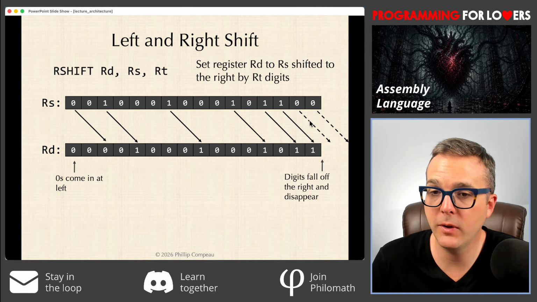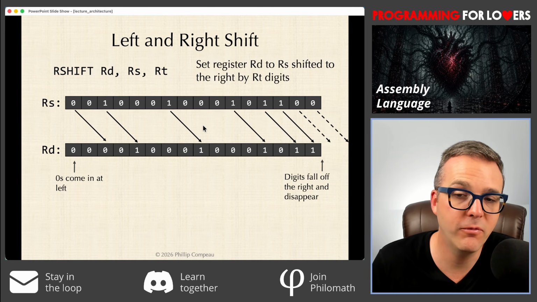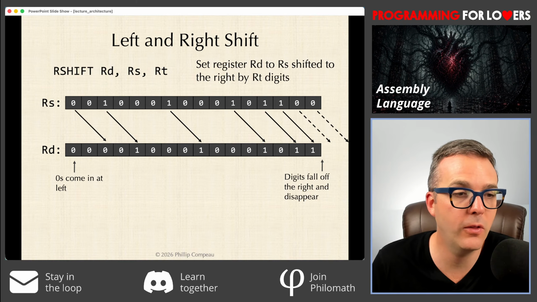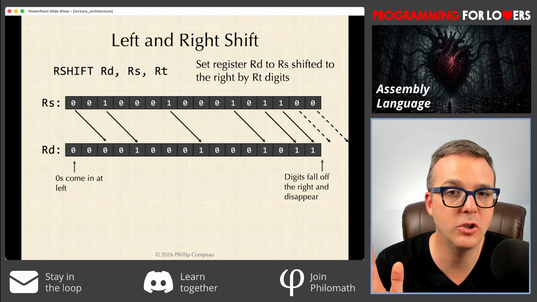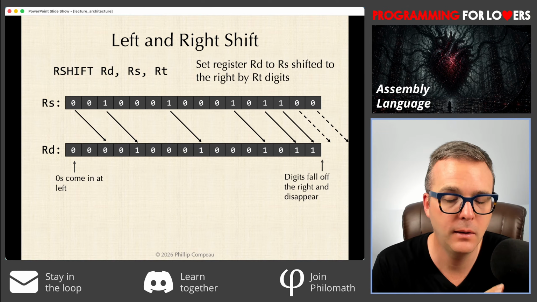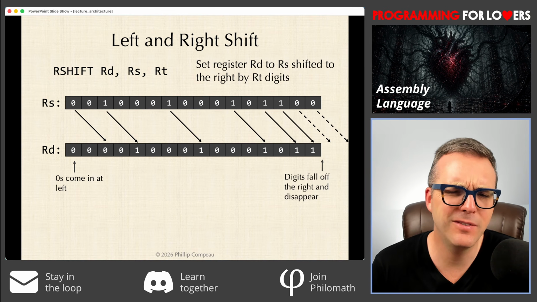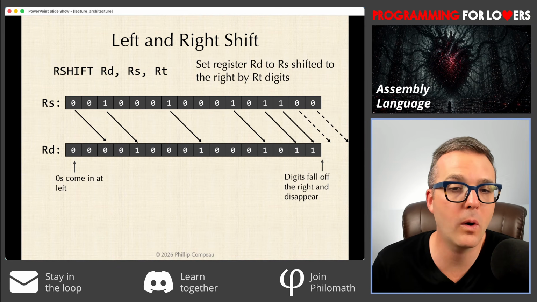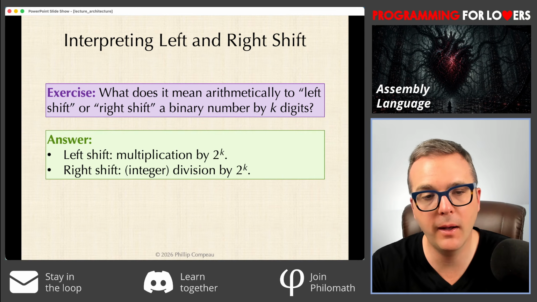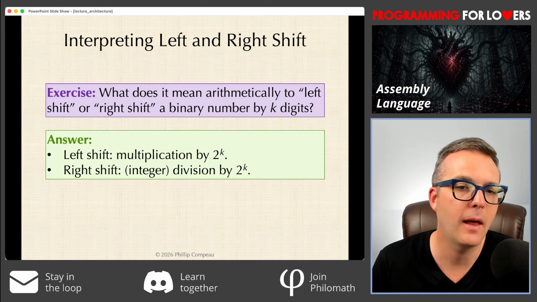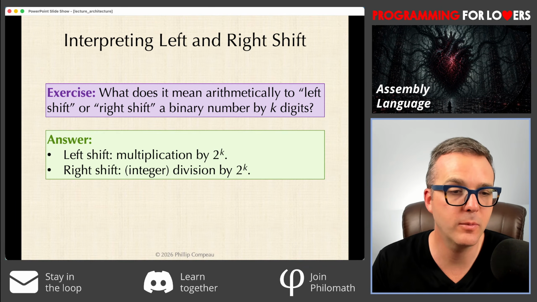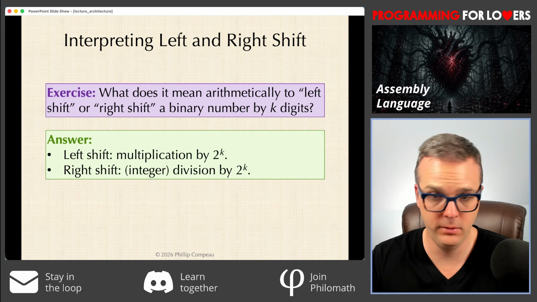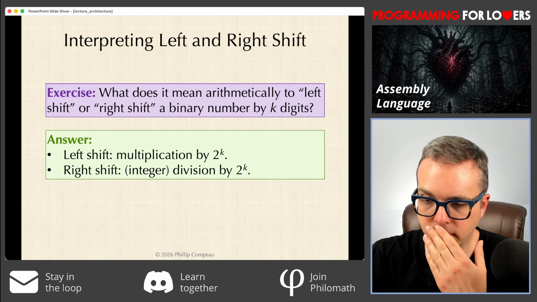So we're performing a division, not by 100, but this time by 4, because we're losing 2 digits and we're working in base 2. So we're doing a division by 2 to the k, where k is the number of digits we're shifting to the right. But that division is a special type of division that we have worked with for a really long time, which is an integer division, where we ignore any sort of remainder. So if I left shift by k digits, then that left shift is a multiplication by 2 to the power of k. And if I right shift, it's an integer division, so I ignore the remainder, by that factor of 2 to the k.